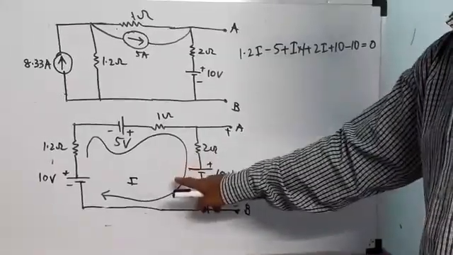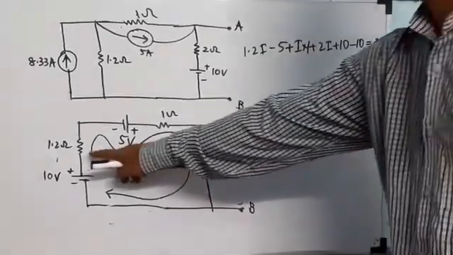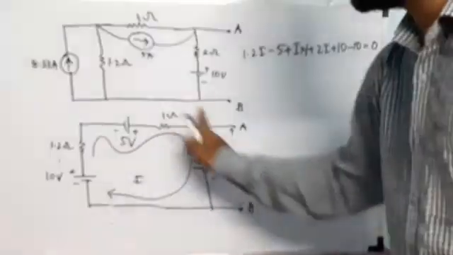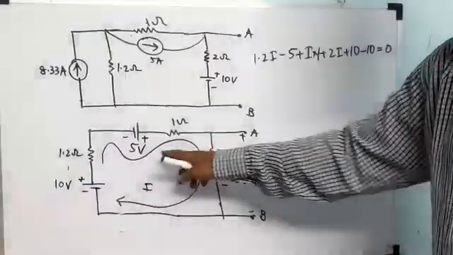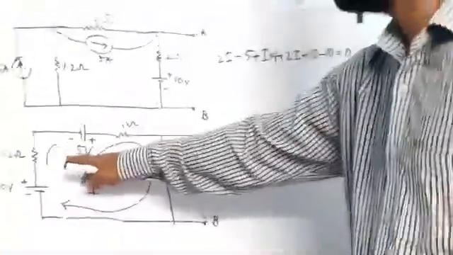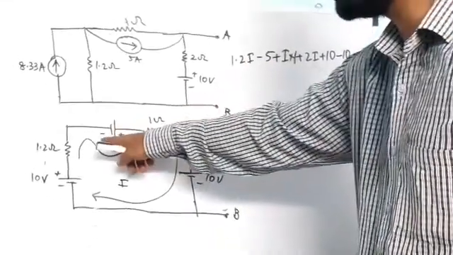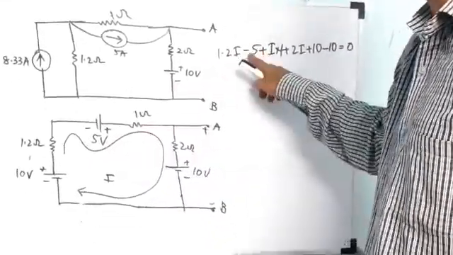Now from this circuit, current will flow. I am starting from positive polarity and coming back again, applying KVL, Kirchhoff's voltage law. So 1.2 into I. Here voltage will come with negative polarity, so you write minus. If it is a positive polarity, you write positive.